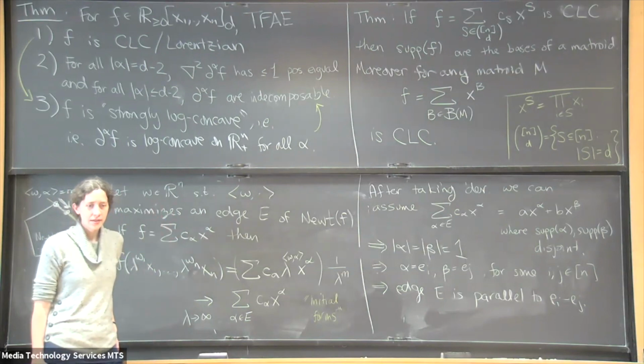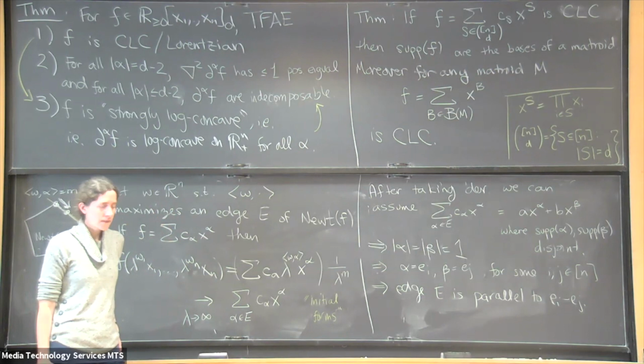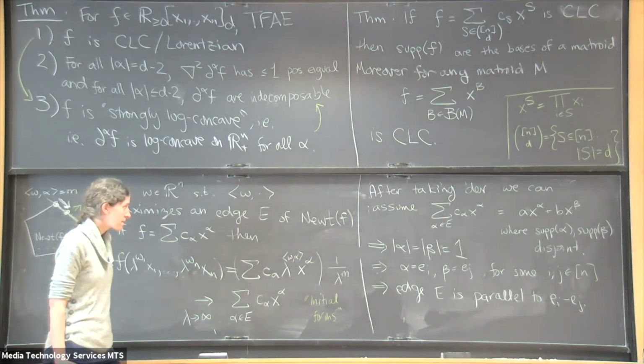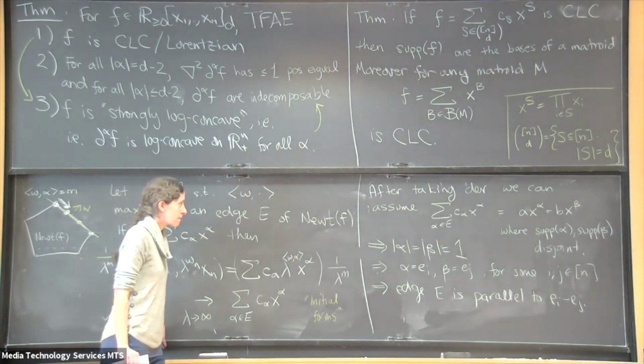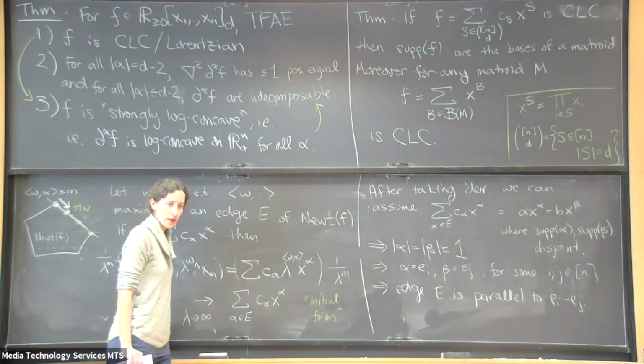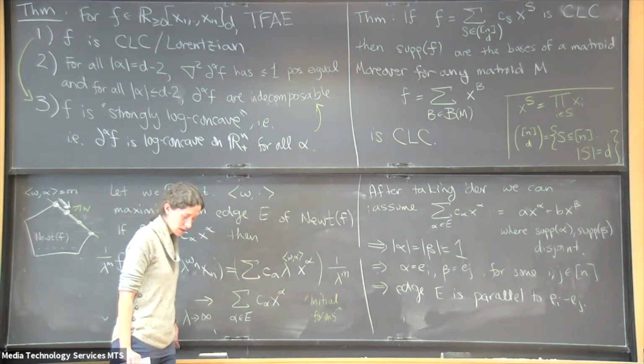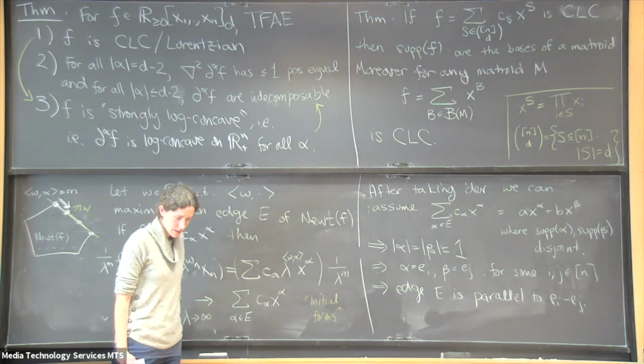Can you say it explicitly? Actually, in the two-variate case, one is that you have just a bivariate polynomial, quadratic maybe even, and the log concavity is clear: it's just that the Hessian is negative definite.